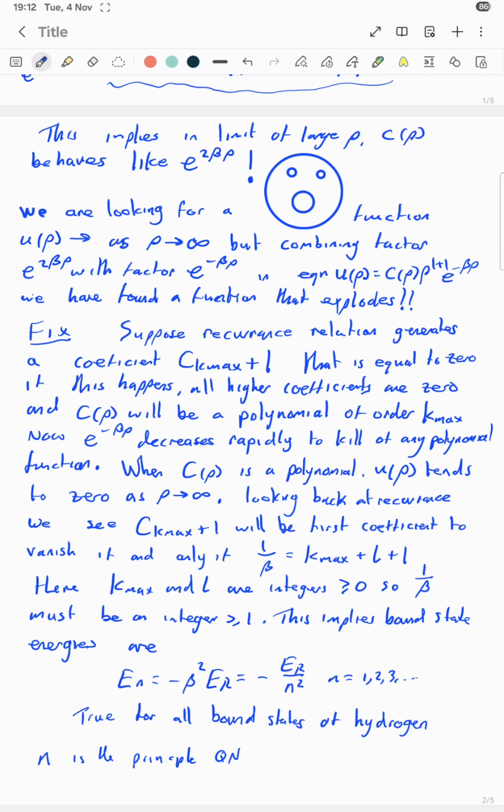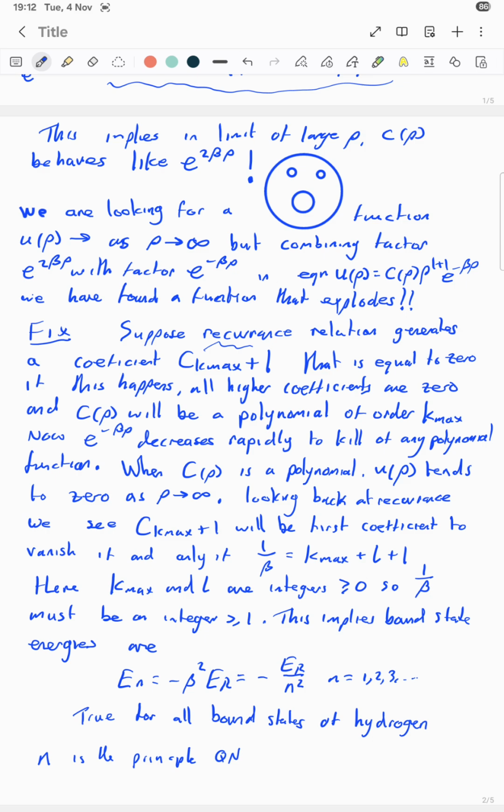Suppose the recurrence relation generates a maximum term, C of k max, that is equal to 0. If this happens, all higher coefficients are 0, and C of rho will be a polynomial of order k max.